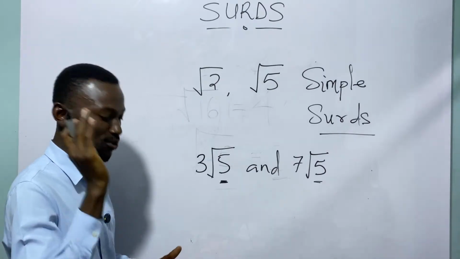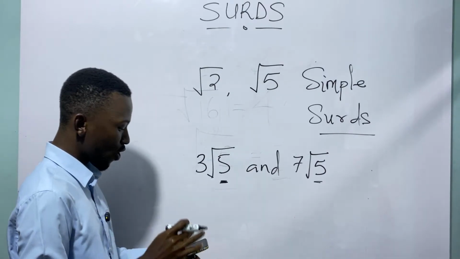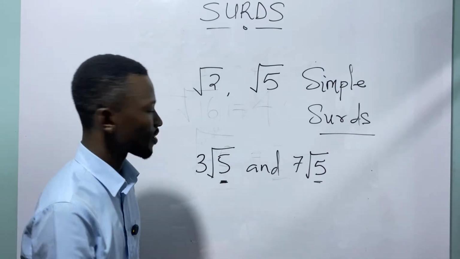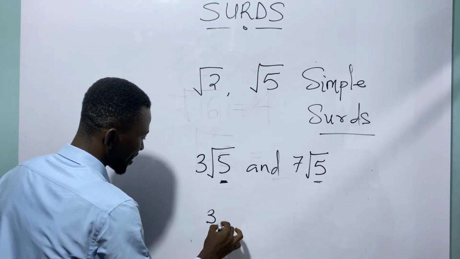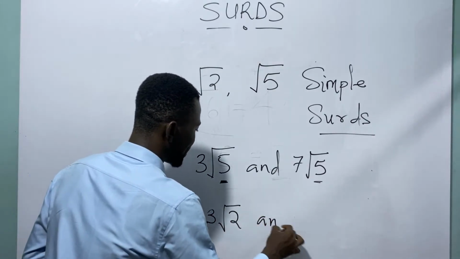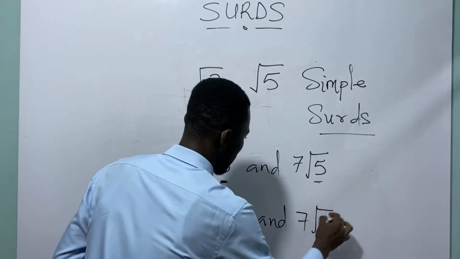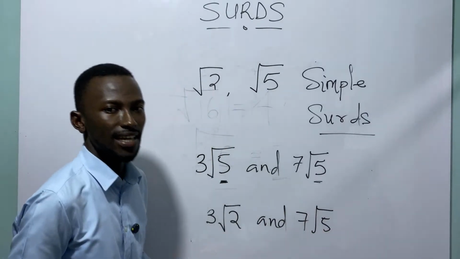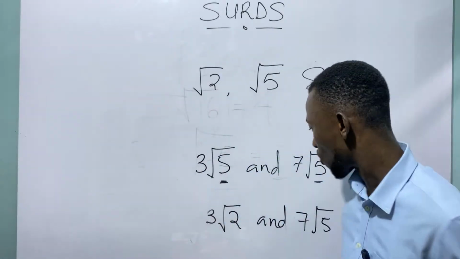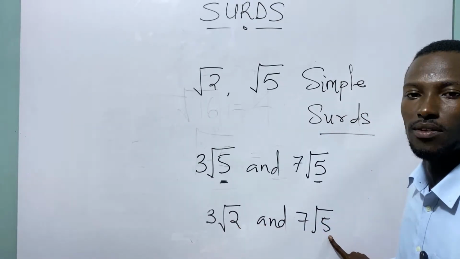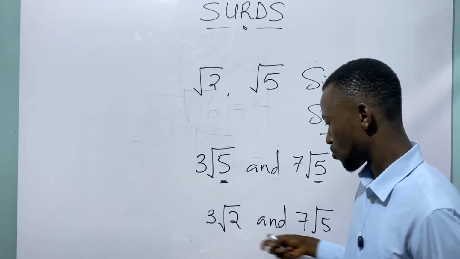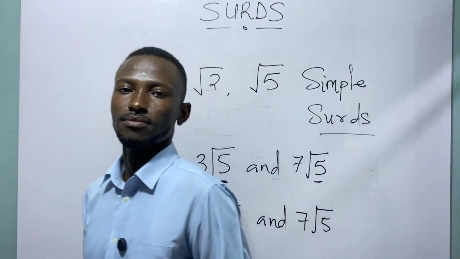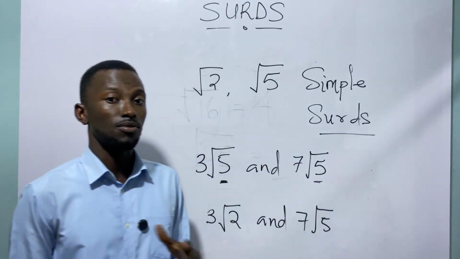So pay attention to that. And then we have unlike surds. For example, if you have something like 3 root 2 and maybe 7 root 5, these are unlike surds. They are unlike surds because of this 2 and this 5. Simply because the numbers under the square root sign are different.